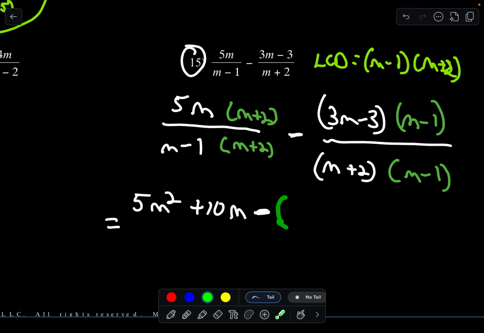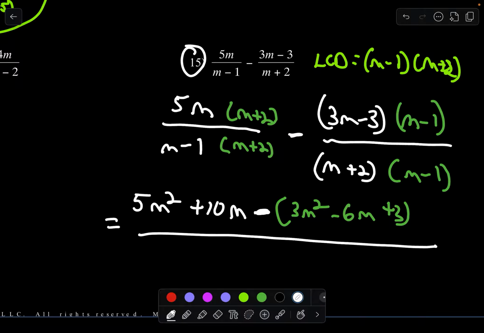So we're minusing all of this. The product of 3m minus 3 and m minus 1 would be 3m squared minus 3m minus 3m, which is minus 6m. Minus 3 times negative 1 is positive 3. This is a little bit crazy. You're going to have to be consistent and write everything out.